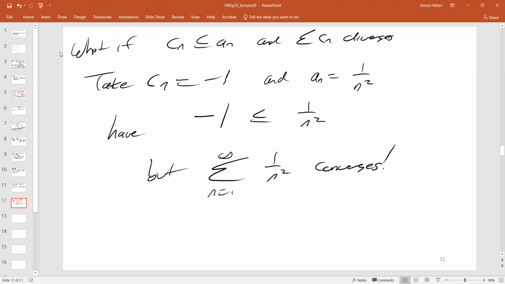So this tells us that our assumption that it was non-negative is very, very important. These results fail when the terms are not forced to be non-negative. Okay. Any questions on the statement of the comparison test?